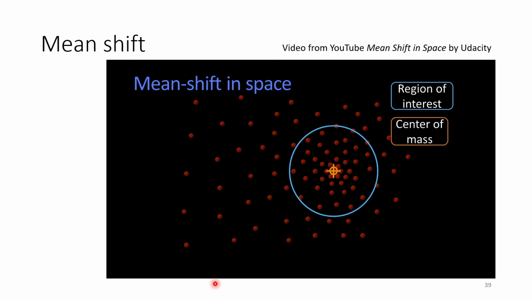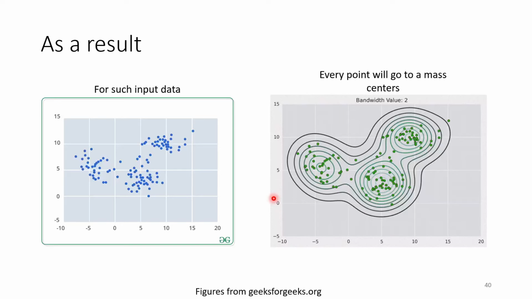So mean shift has a hyperparameter you need to decide. It is the radius of this circle. Once you decide the radius of this circle, from any point, it will use the circle to collect a group of samples and then compute the center or the mean of the circle.